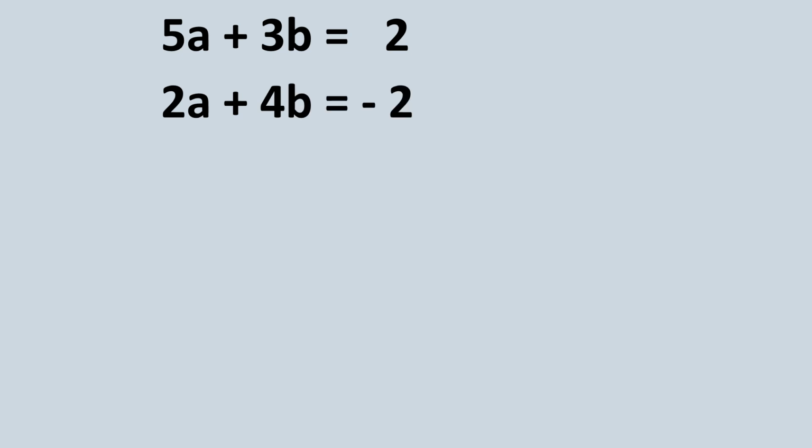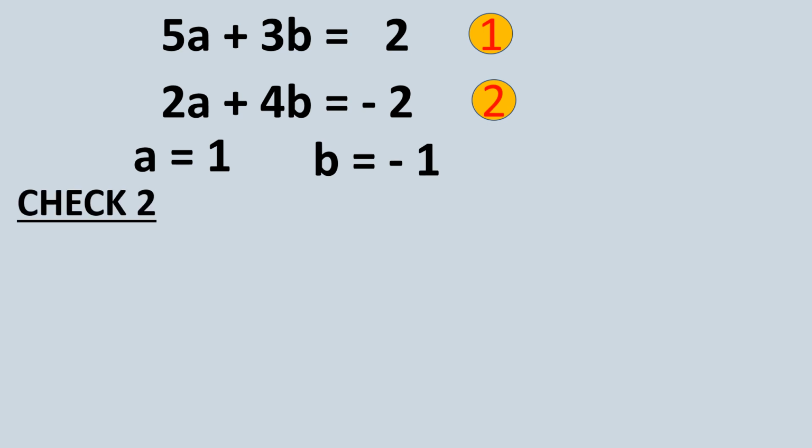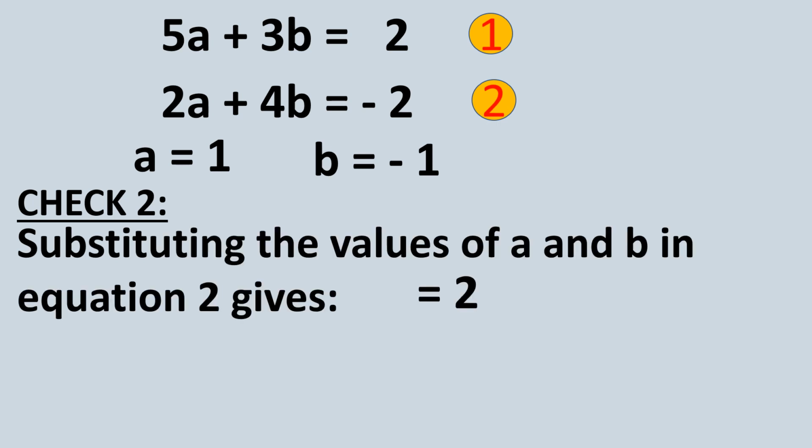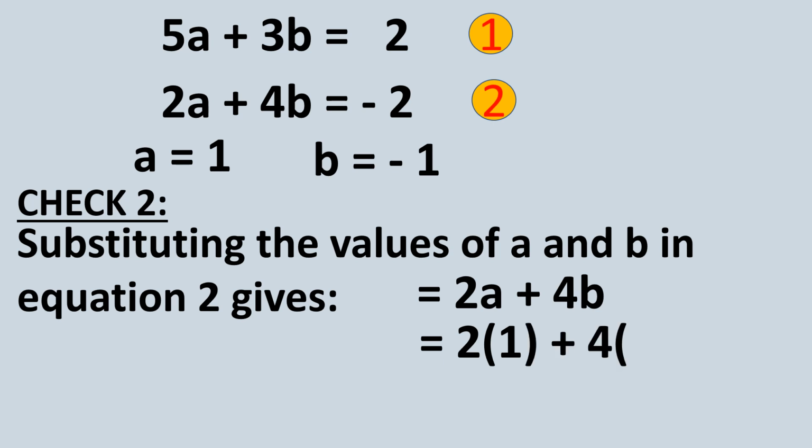But we don't want to assume it. We will also check to see that if that also works for equation 2. So our equation 2 is 2a plus 4b, and that should give us minus 2. Anywhere we see a, we'll put a is equals to 1, and anywhere we see b, we'll say b is equals to minus 1.